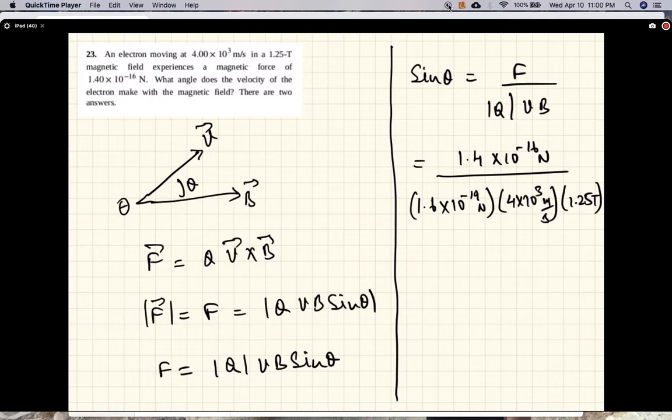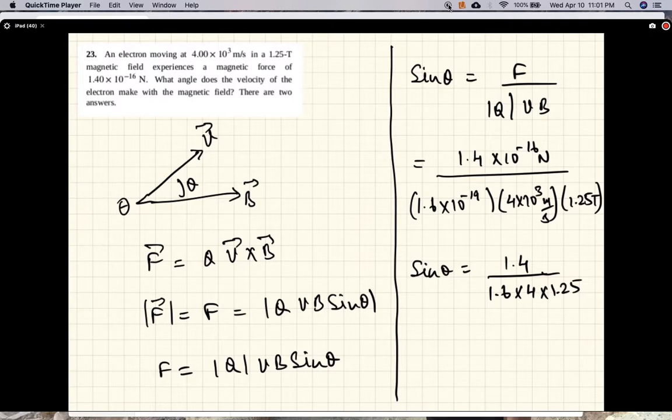So sine theta is 1.4 divided by 1.6 times 4 times 1.25. Sine theta is a dimensionless quantity, so the units cancel. Oh, the charge is in coulombs, not newtons.